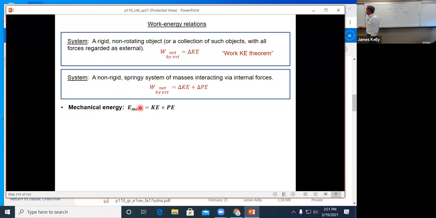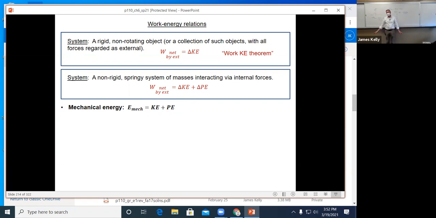Sometimes people define the sum of the kinetic energy plus the potential energy in a system, right? You might say my system is this marker plus Earth with the internal gravitational force between them. And as I drop it, when it's halfway to the floor, the system has some kinetic energy.